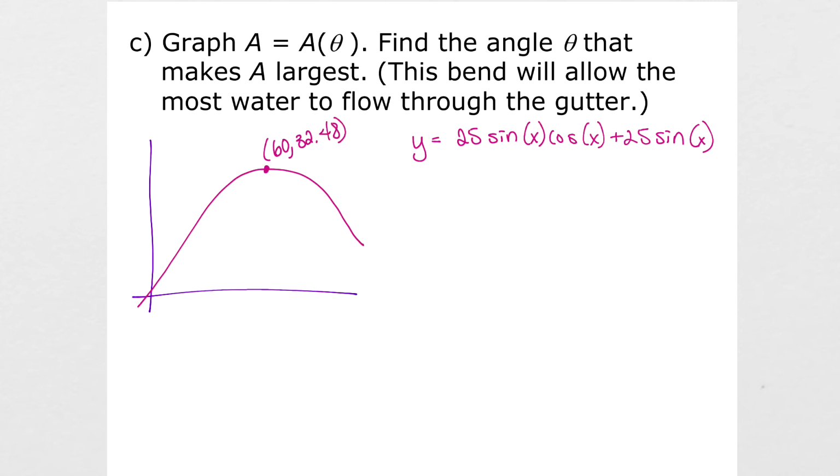So it looks like for an x value of 60, that's essentially our theta, because we used x in Desmos for theta. So for an angle of 60 degrees, that would give us the largest area of 32.48.